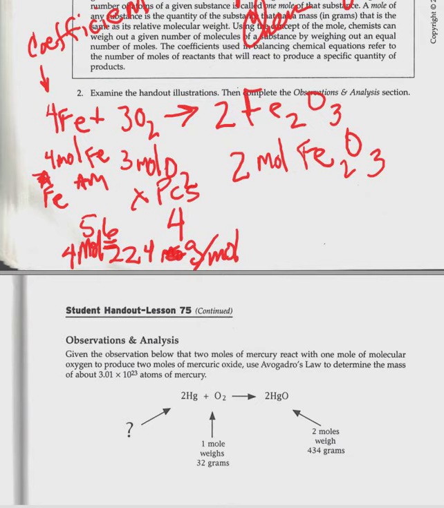So we have 4 moles, so its atomic mass is going to be 224.